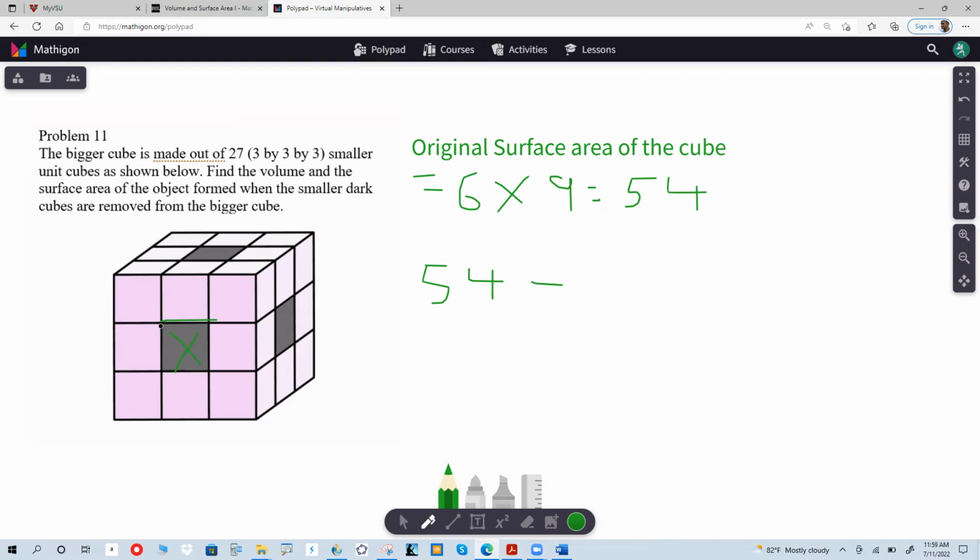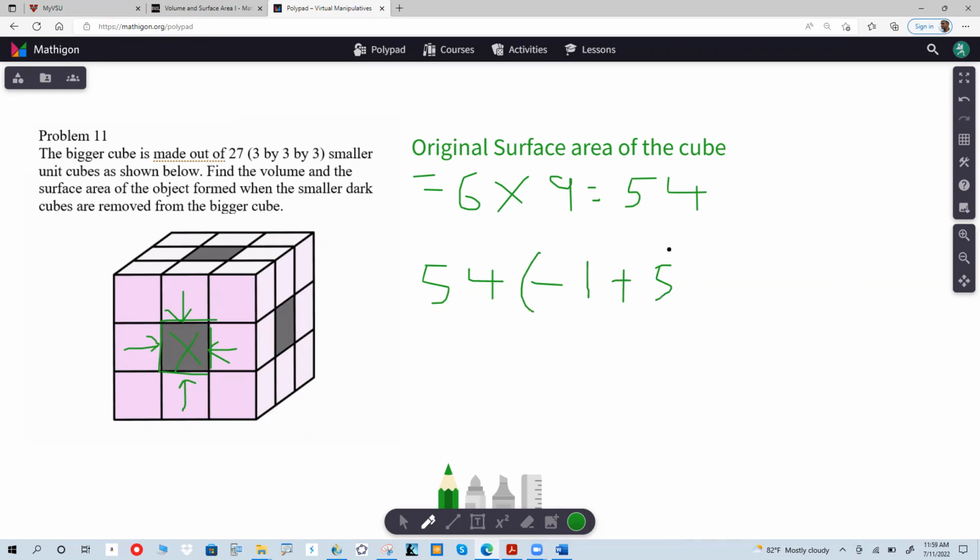Once you remove the gray cube, there is an indentation, and it has 5 faces: the bottom of this cube, the left side of this pink cube, the right side of this pink cube, the top of this pink cube, and the back. There is a cube in the back. So you're going to gain 5. You're going to remove 1. You're going to add 5.